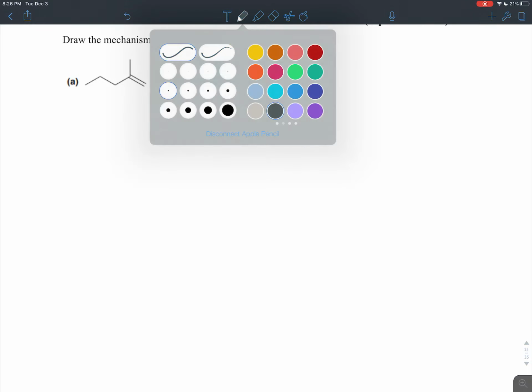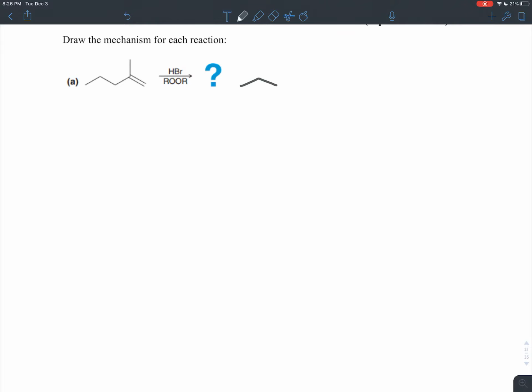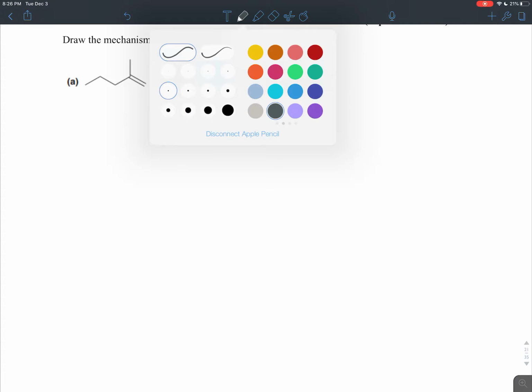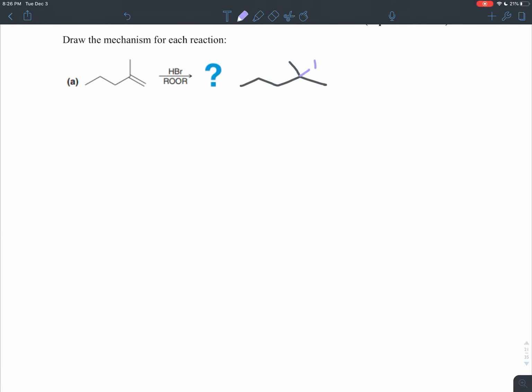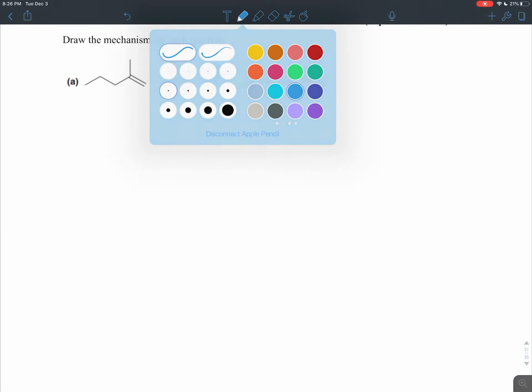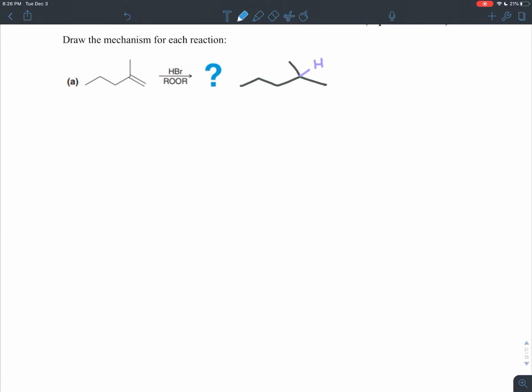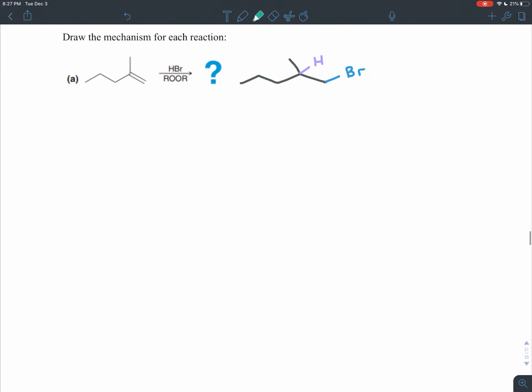And we know from the previous chapter that we'll get anti-Markovnikov addition. The hydrogen will add on the more substituted carbon, and the halogen, in this case bromine, will add on the less substituted carbon. We know that from the perspective of synthesis, but here they're asking for the mechanism.